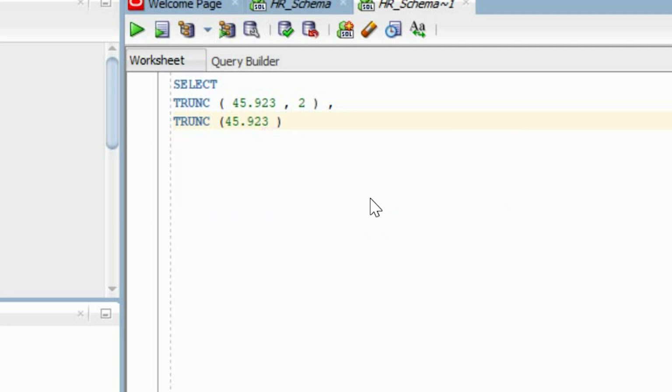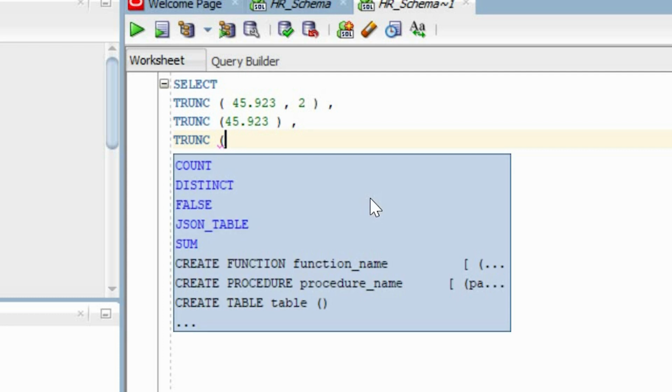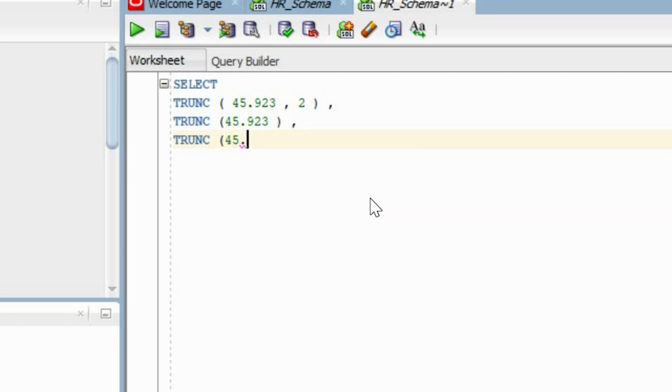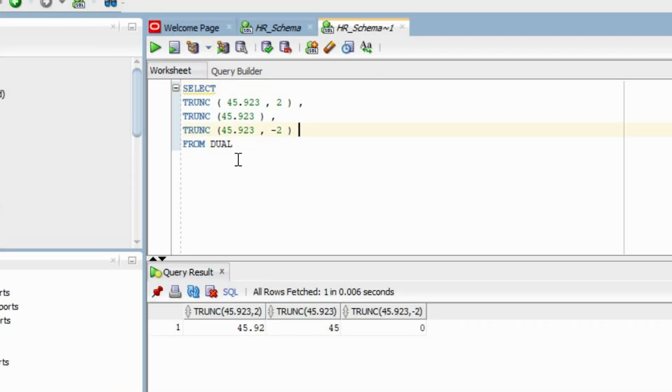I will leave it the same, no parameters, comma, TRUNC 45.923, let's say -2, close the brackets from DUAL. If we run this command, let's see what happened.